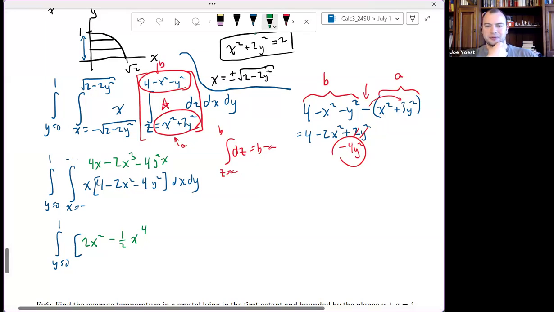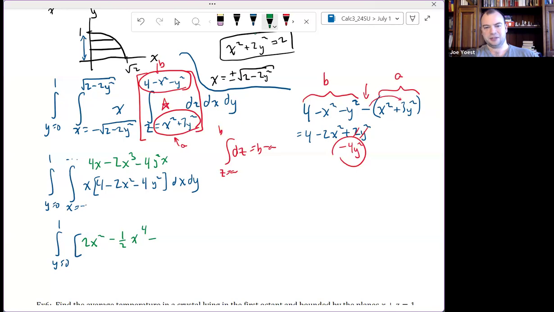Okay, so multiplying through now with that minus 4y squared. Okay, everything looks good now. And now if we integrate with respect to x of the green thing, x squared over 2 looks good.